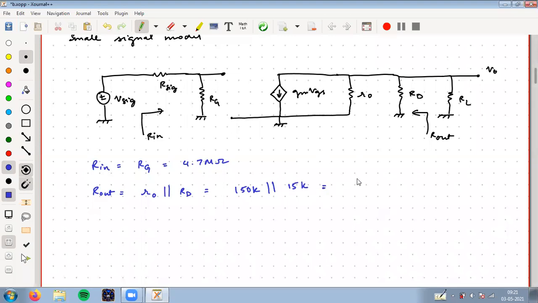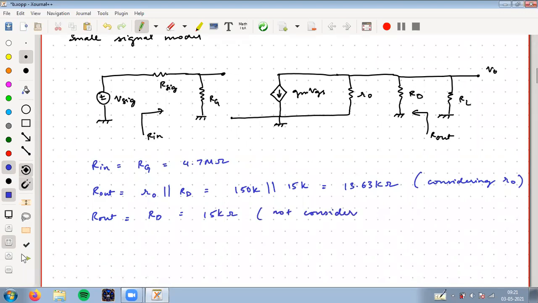This will turn out to be 13.63 kilo, considering R0. But if I don't consider R0, then Rout will be simply RD, which is 15 kilo. This is not considering R0.